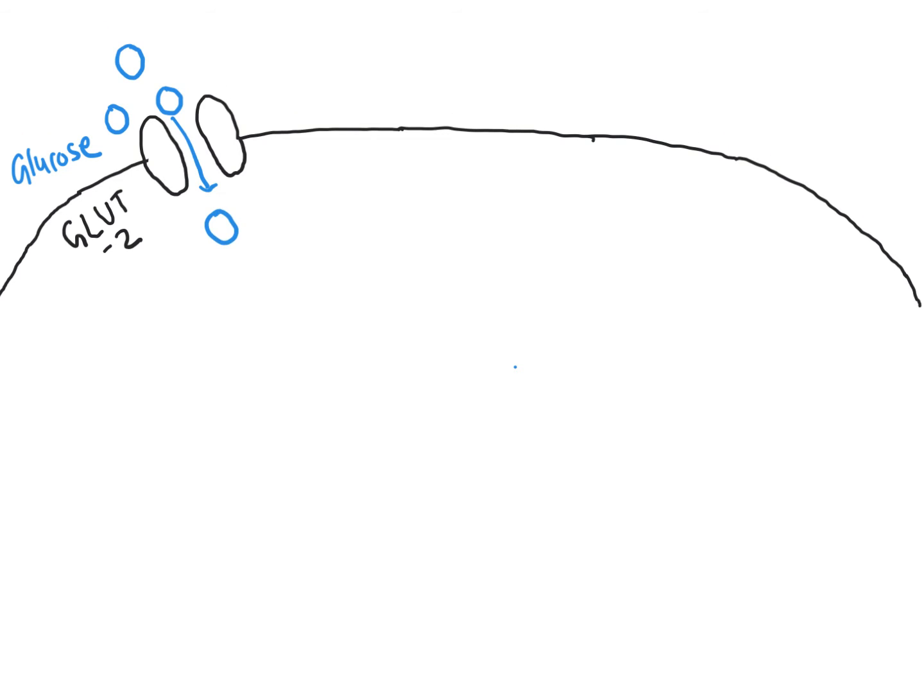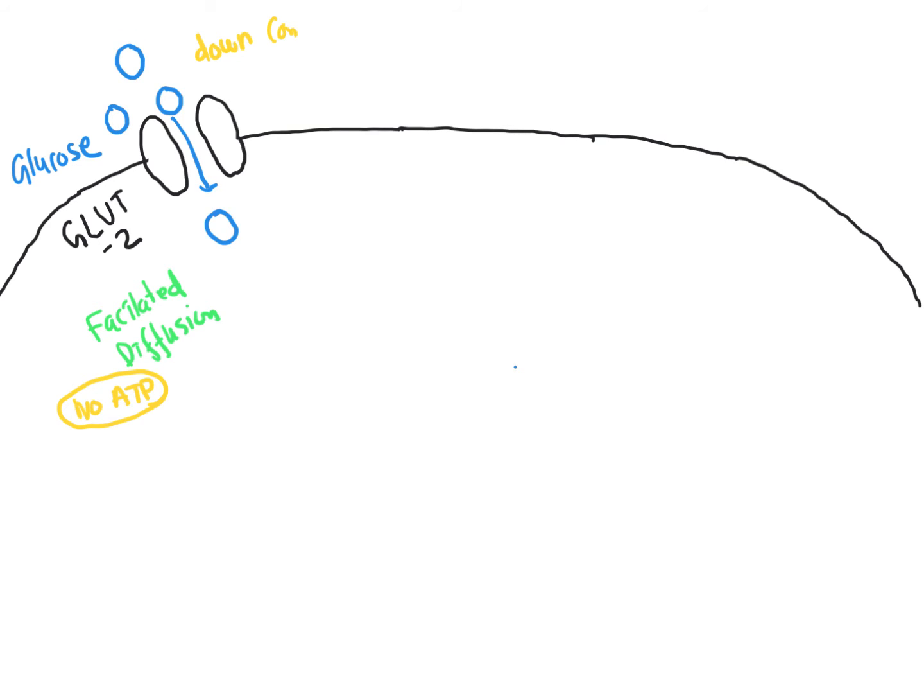And as mentioned, during facilitated diffusion, there's no ATP. Basically, the glucose is going down the concentration gradient, so no energy is needed.